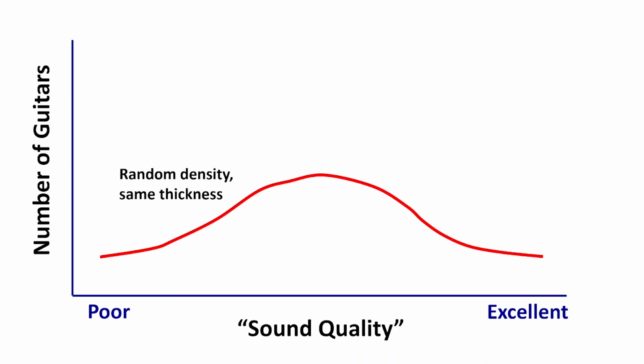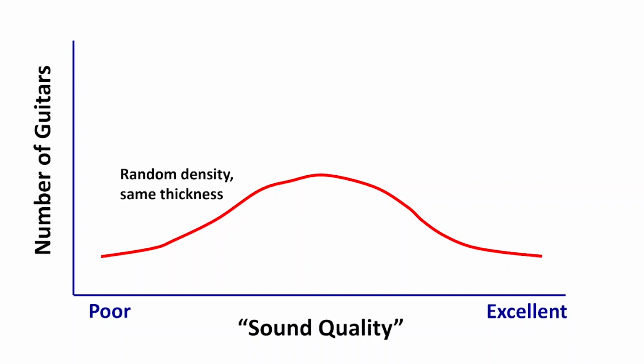And just by luck, with the right combinations of densities of many different parts, not just the soundboard, but also like the bridge, which would have a high effect on the characteristic of the sound, a small number would end up in this excellent range, and a small number would also end up in this poor range, and some would end up kind of in the middle, just by randomness.